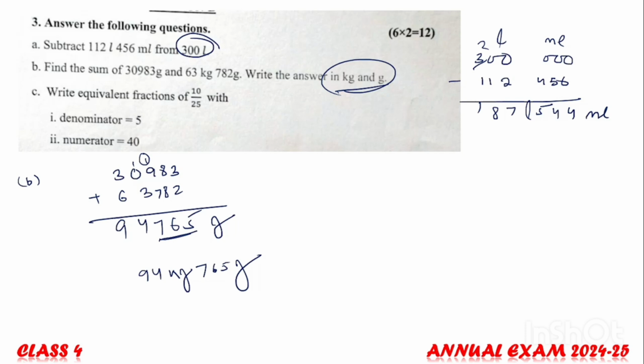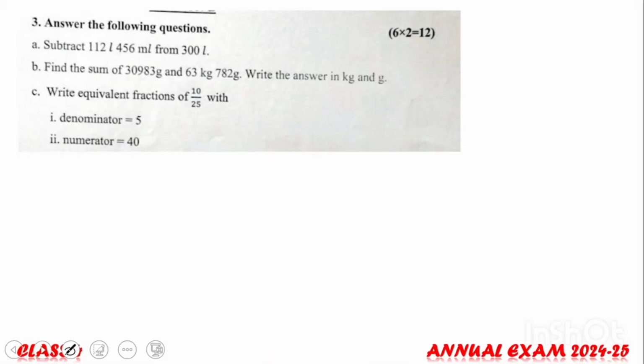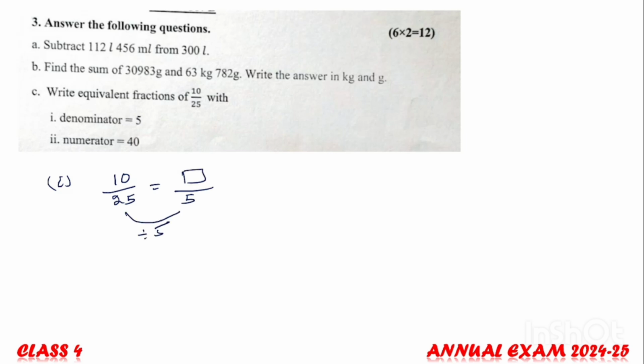Okay, next, write the equivalent fraction of 10 by 25 with denominator 5. The first one is 10 by 25 equals something by 5. So find the numerator. This is the case of division. If we divide 25 by 5, we get 5. Simply we divide 10 by 5 for the numerator, that is 2.